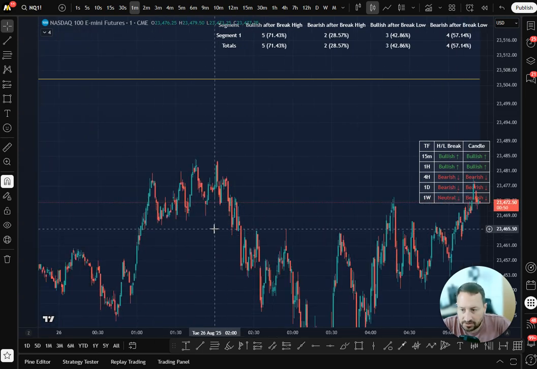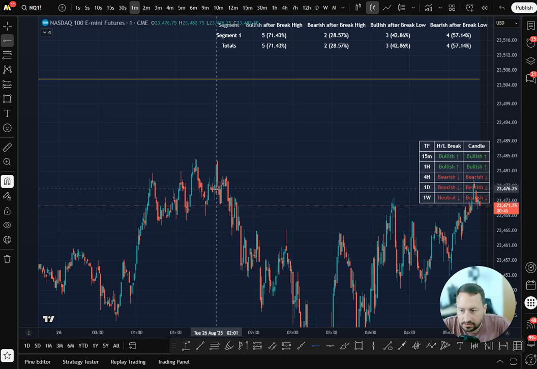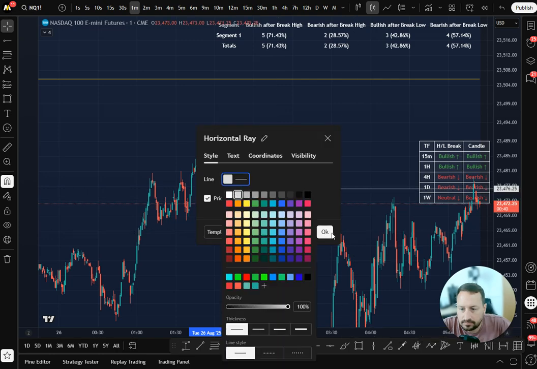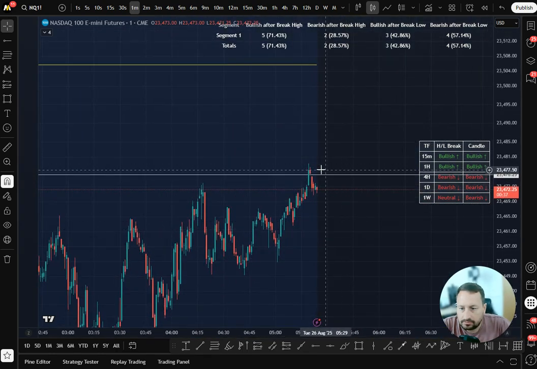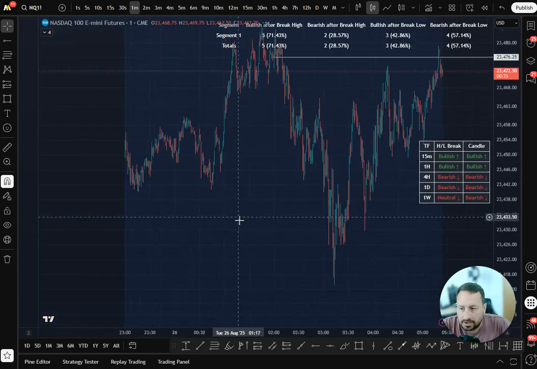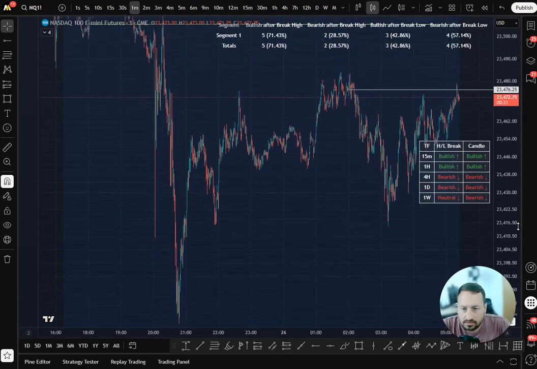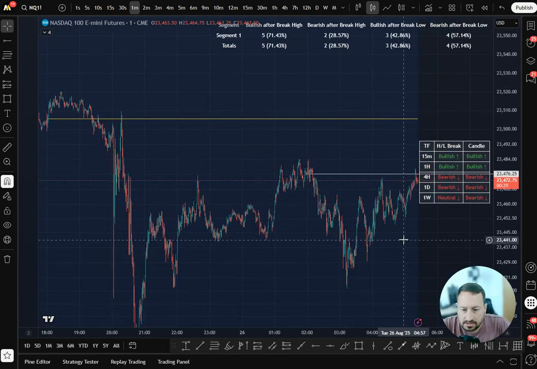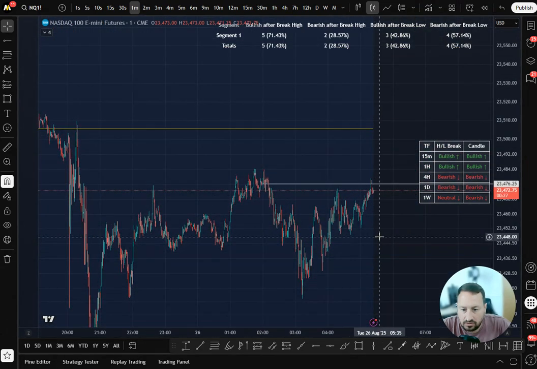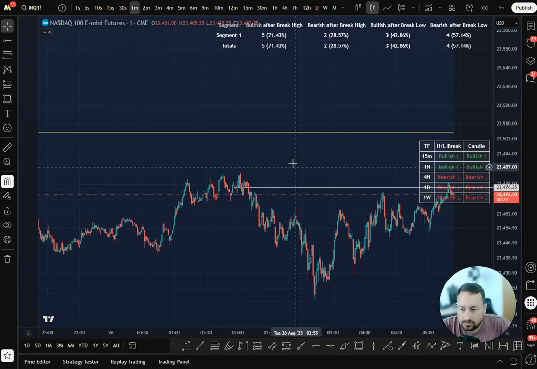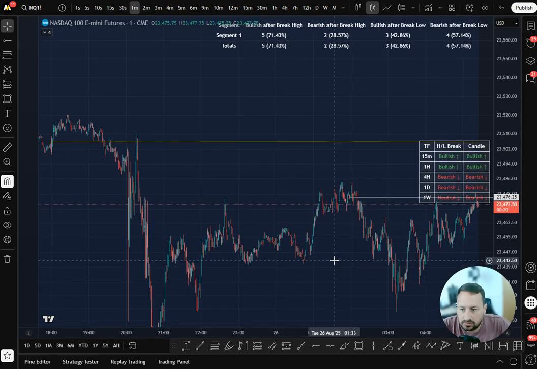And this gives us a range, right? So our 4 hour started at 2 o'clock, right? And then we took our previous 4 hour low. Or is it 6? We're just about to get a new 4 hour now, right? So there's our 4.